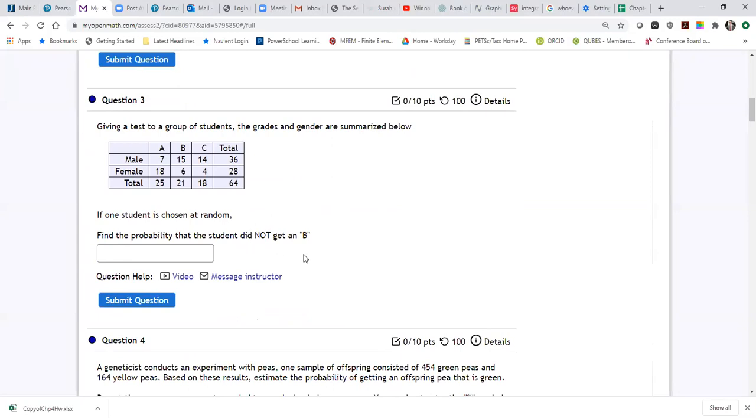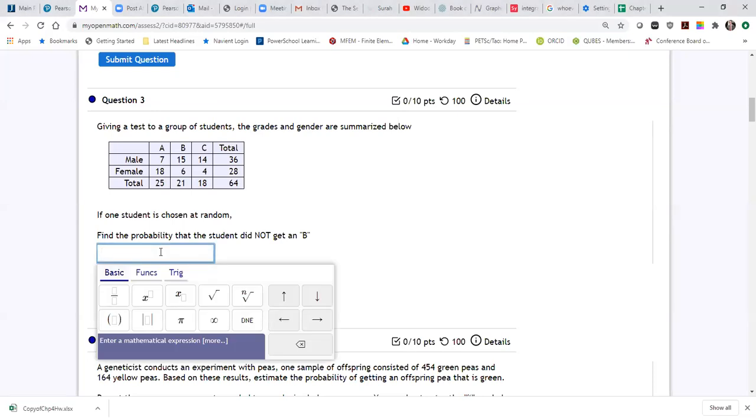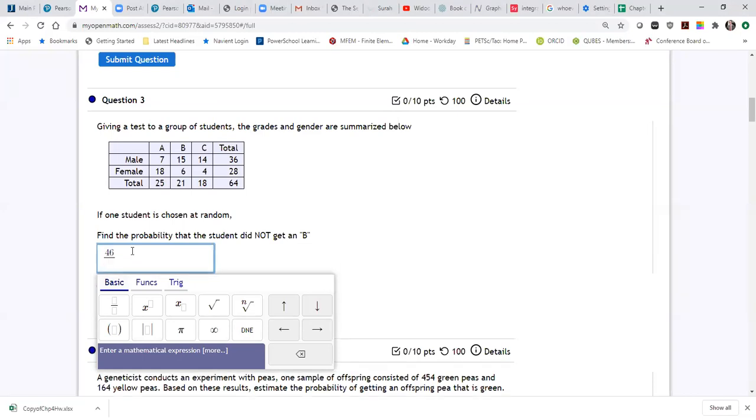So you're looking for the probability that the student did not get B, right? So that means you need to subtract from the total. The student who got B is 21. So the students who did not get B is 64 subtract 21, right? So it will give you 43 over 64.